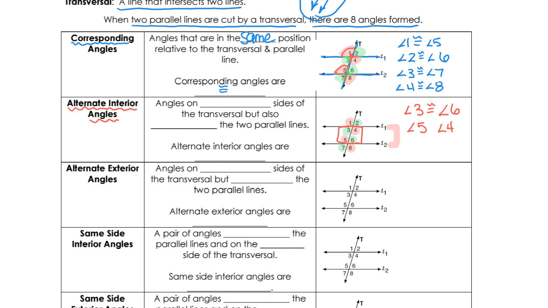They're both highlighted in red, and so they would be congruent. All right. So they are our angles on opposite sides of the transversal, but also between the two parallel lines. Alternate interior angles are congruent.